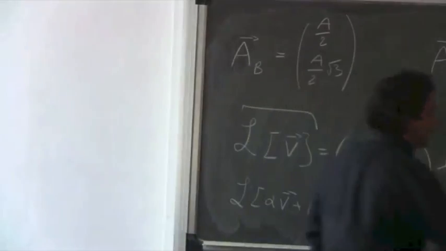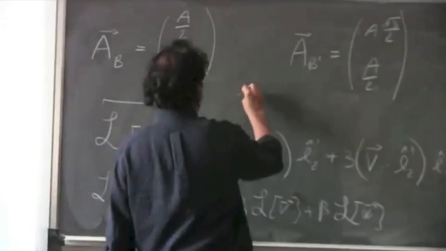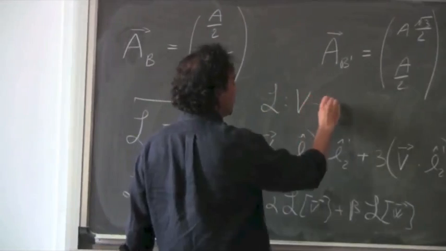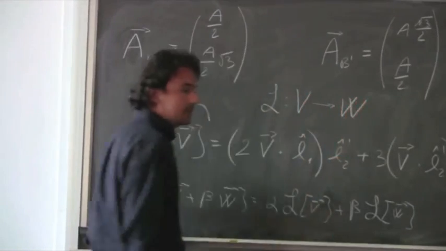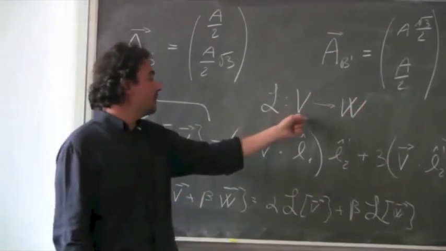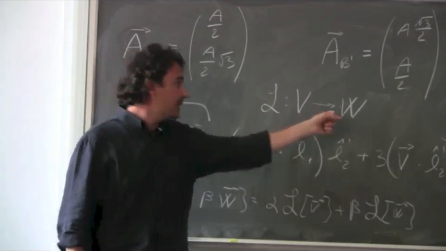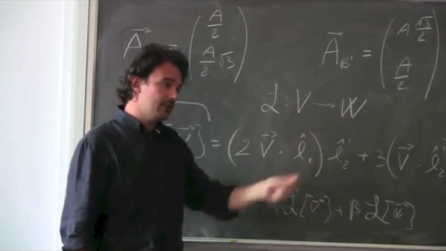You know that the application L is from a certain vectorial space to another vectorial space. So generally you have a basis for this vectorial space and a basis for this other vectorial space.